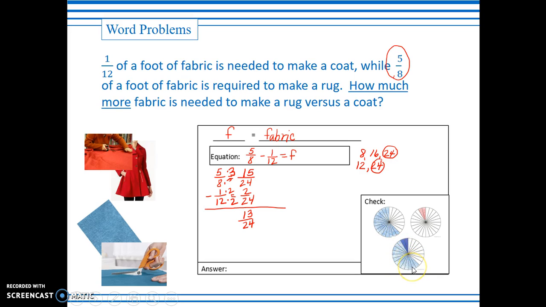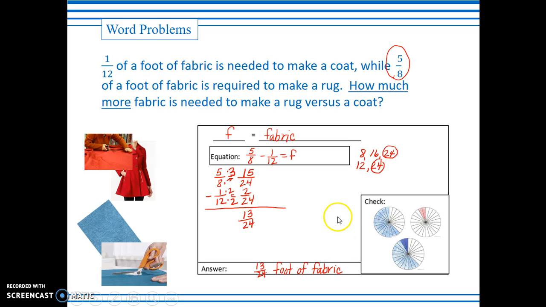So that means I have 13 24ths left. If I count 1, 2, 3, 4, 5, 6, 7, 8, 9, 10, 11, 12, 13. So 13 24ths makes sense. So in my answer spot, I'm going to write 13 24ths foot of fabric. That's how much more is needed to make the rug.